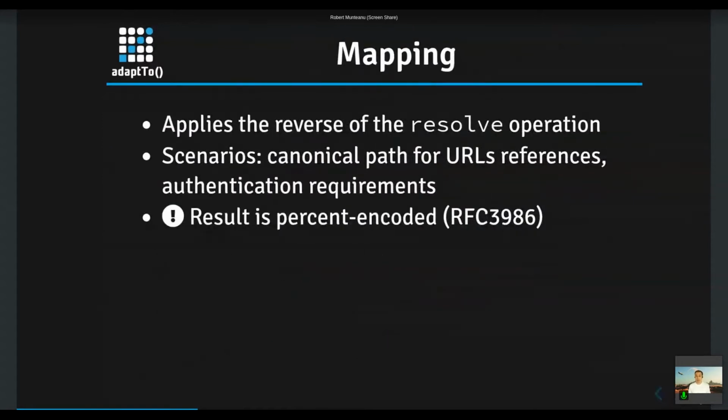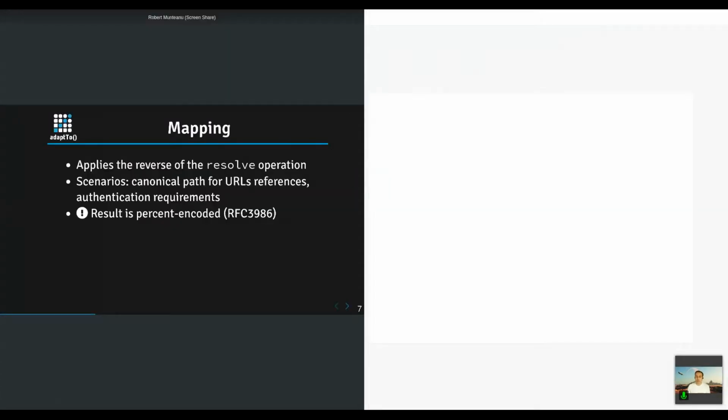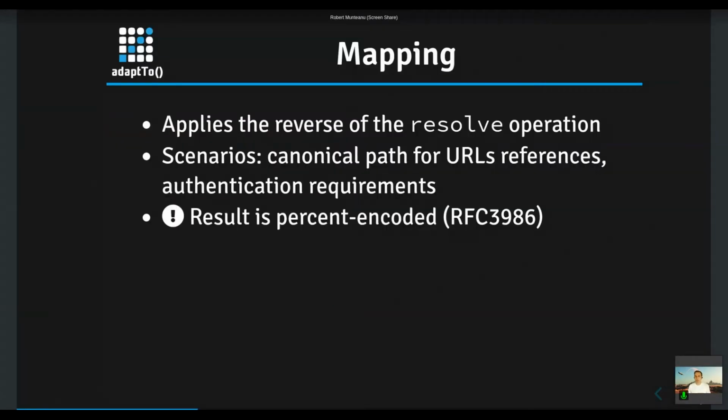Now, mapping is designed to be the exact opposite of the resolve operation. It takes a resource and says, what is the URL for it? And usually, I think it's invoked a bit more often from user code compared to the resolve operation. And you do it when you want to have canonical paths for a URL reference.